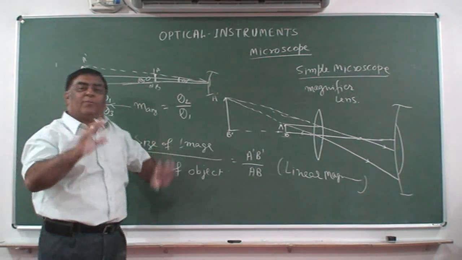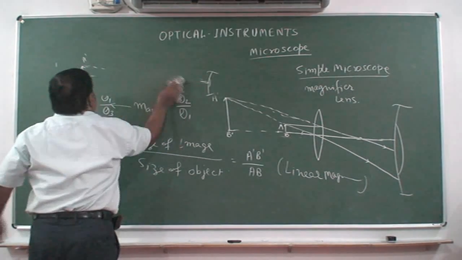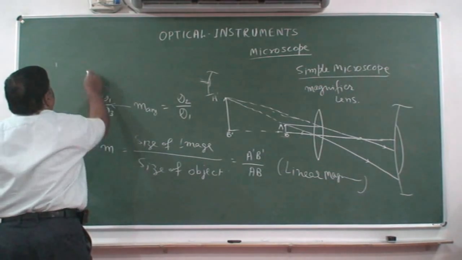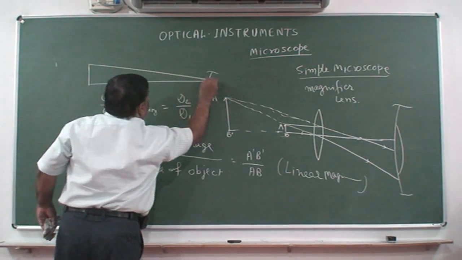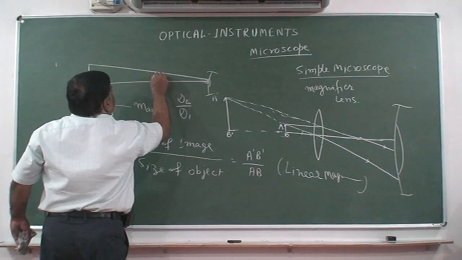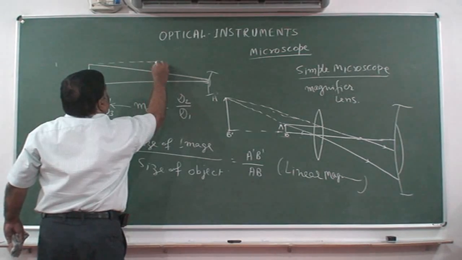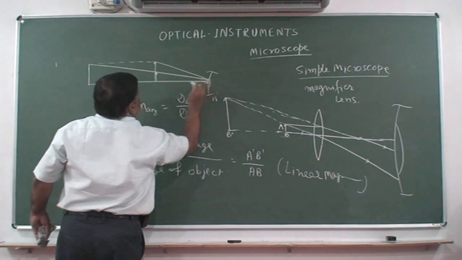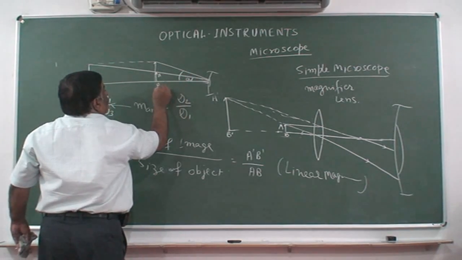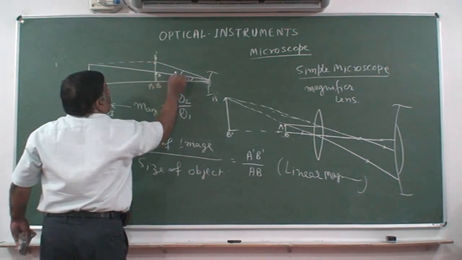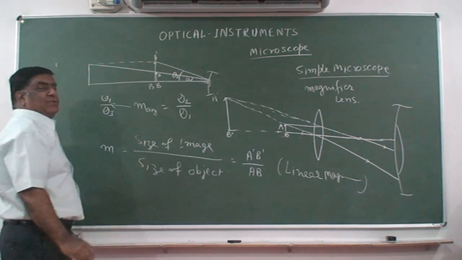But in both the cases you will observe it is same. Okay, now another thing in this you will see. Theta 1 by the object and theta 2, this large angle theta 2, this is by the image.